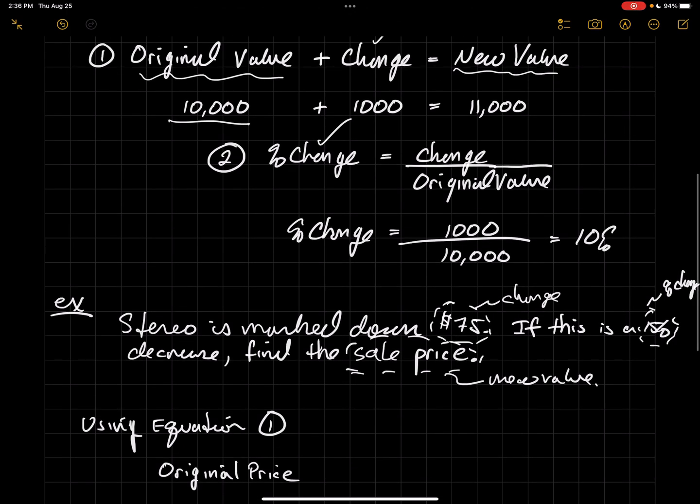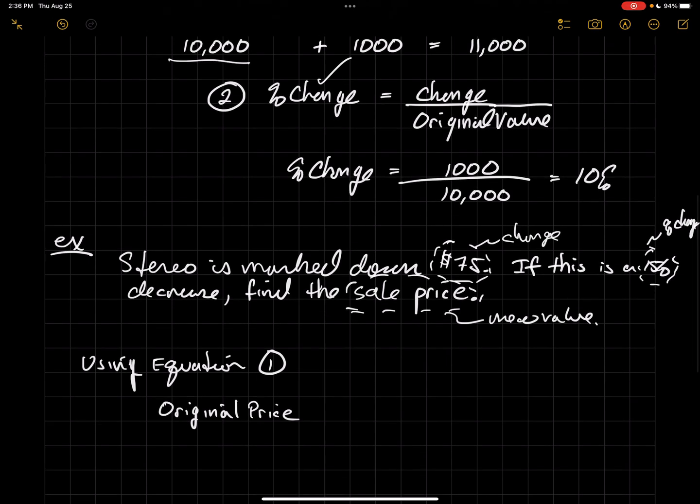Well, notice how I have equation 1 written. It's original value plus the change. Okay, so I could write this as original price plus the markdown, okay? But I just have to remember that when I go to put numbers into this equation, that markdown is actually a negative value, right? It's being marked down $75, okay?